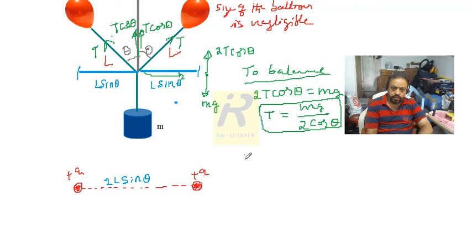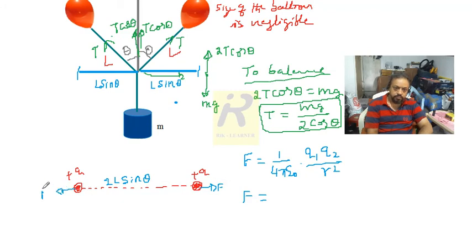From Coulomb's law, the force between two point charges is given by 1 by 4 pi epsilon O, Q1 Q2 divided by R square. This is our formula. The force between the two charges, whether on this side or this side, doesn't matter because we are simply finding the magnitude.